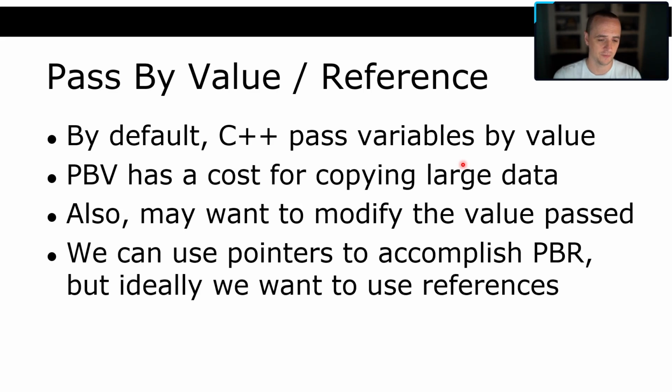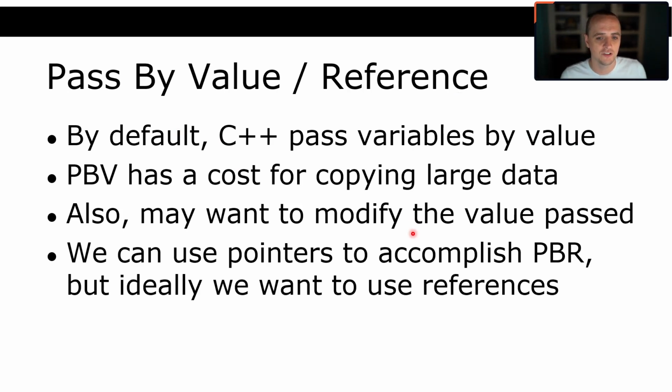By default, C++ passes all variables by value. What that means is whenever you pass any variable into another function, it copies that variable into that function. If you then modify it in the function, you're just modifying the copy. You're not modifying the original version. Pass by value has a cost for copying that possibly large amount of data.